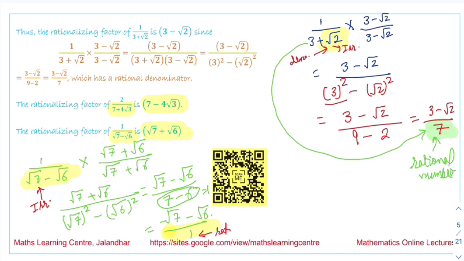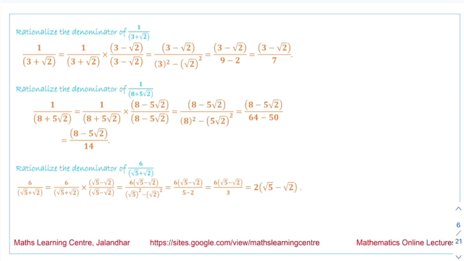Now we look at certain examples corresponding to rationalization. The first example is where the denominator is 3 plus square root of 2, and we know that to rationalize this we have to multiply it with 3 minus square root of 2 and divide it with 3 minus square root of 2.